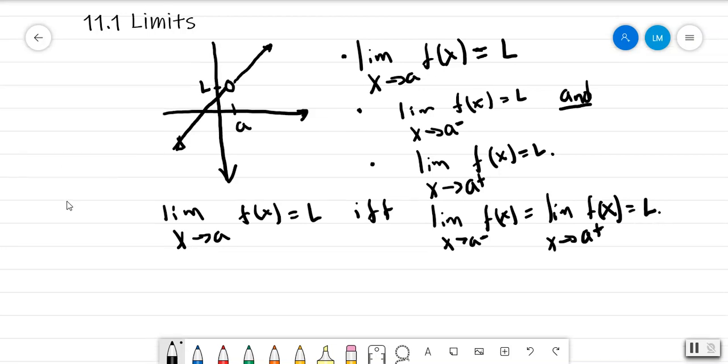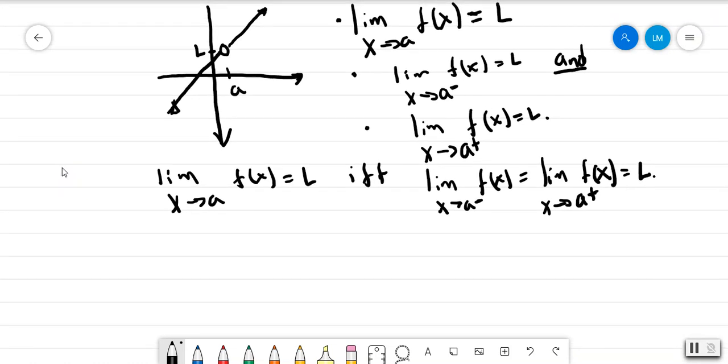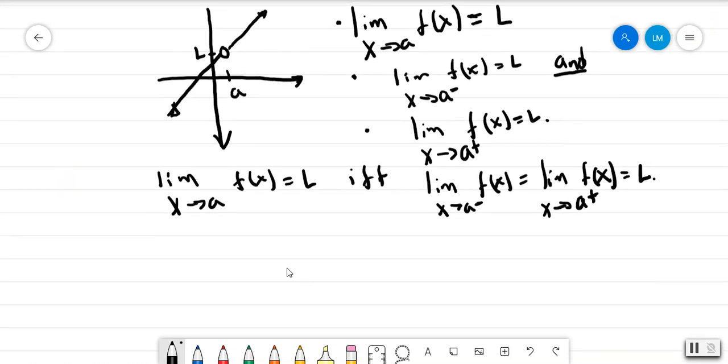Now, with that, I need to establish the different ways that we can find any limit. Well, the first is the easiest. It's through the graph. The next is that we would use what is called a table.